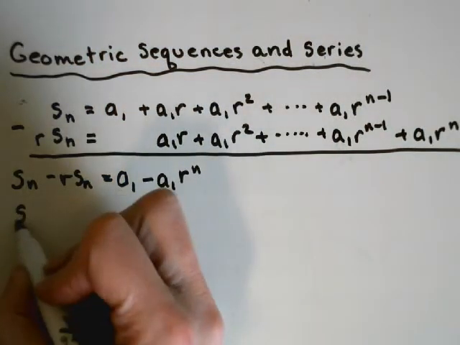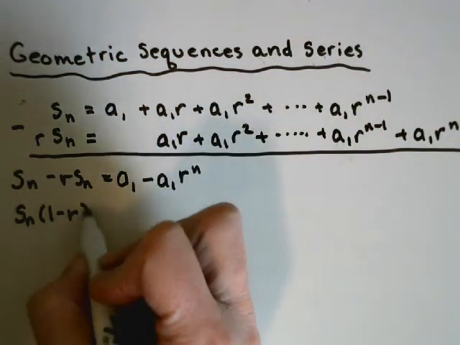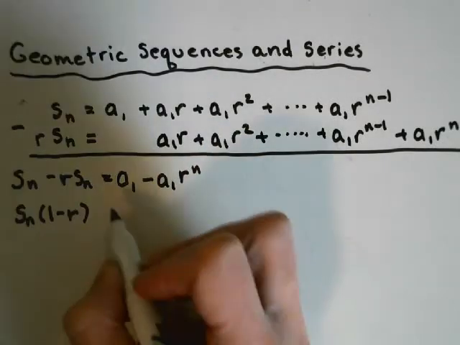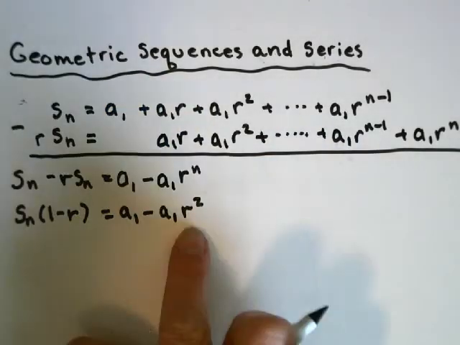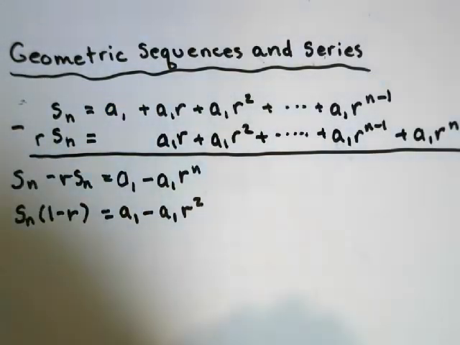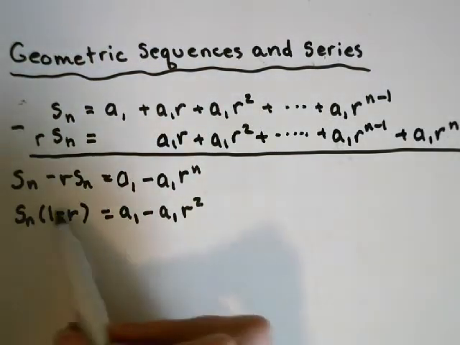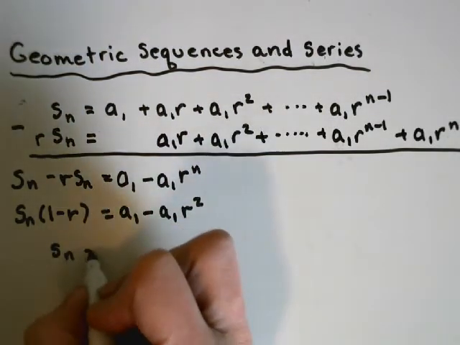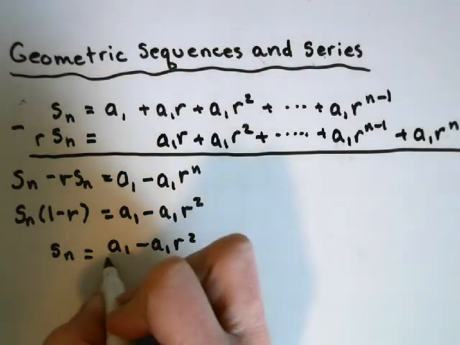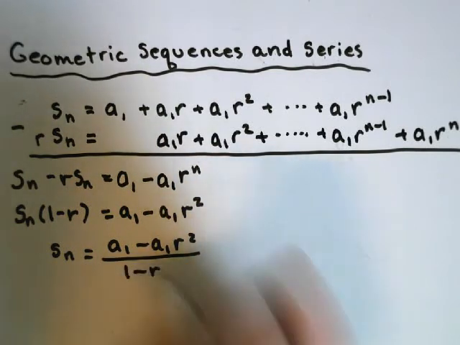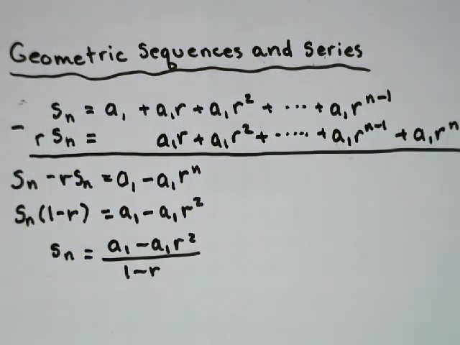So I'm going to factor S_n out, which leaves me with that, and you can factor the a1 out. I typically don't, but you can. So to get S_n, I'm going to divide. So the sum is a1 minus a1 r to the n over 1 minus r. Again, I derived this one for you just so you see why it looks so funny, why we are dividing by 1 minus r, and where all the different pieces come from.